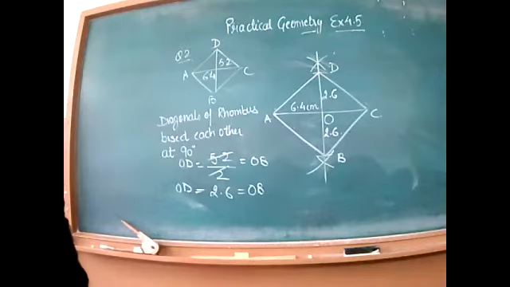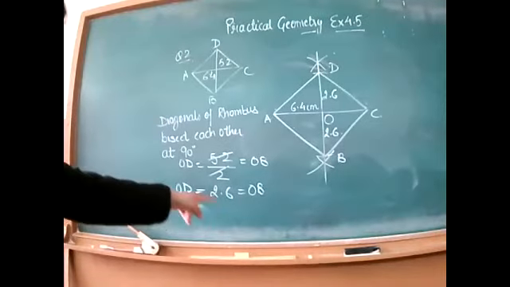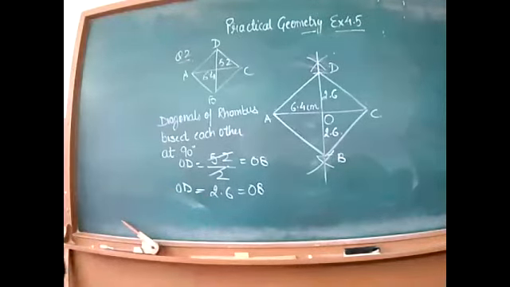Yes, ma'am. Draw AC 6.4 centimeter. Yes. Then draw a bisector of AC. No, beta, it's a perpendicular bisector. Okay, ma'am. Then draw two arcs of 2.6 centimeter. First you will write the property: diagonals of rhombus bisect each other at 90 degrees. Then you will write OD is equal to OB is equal to 2.6.